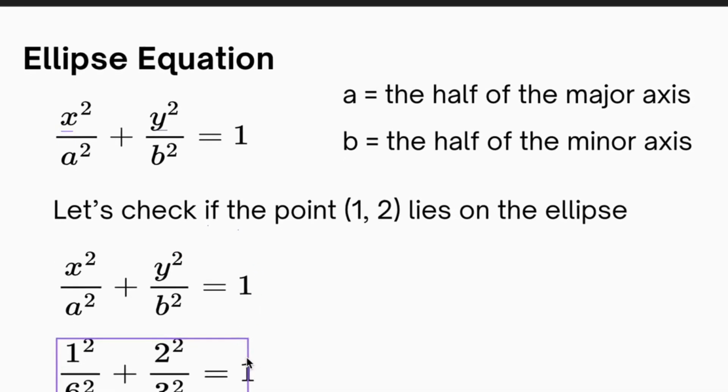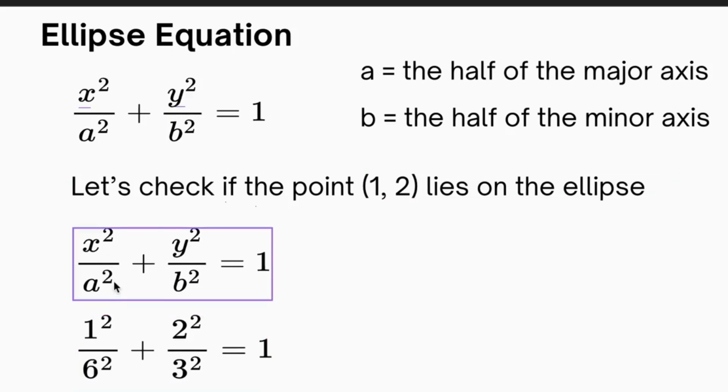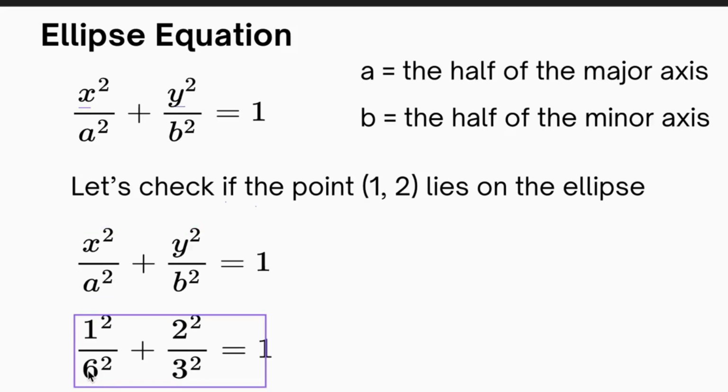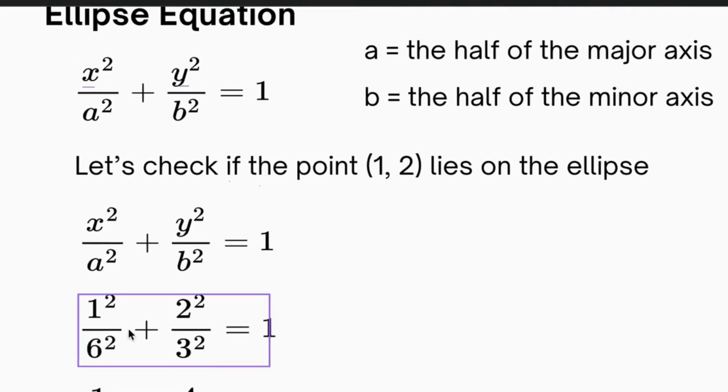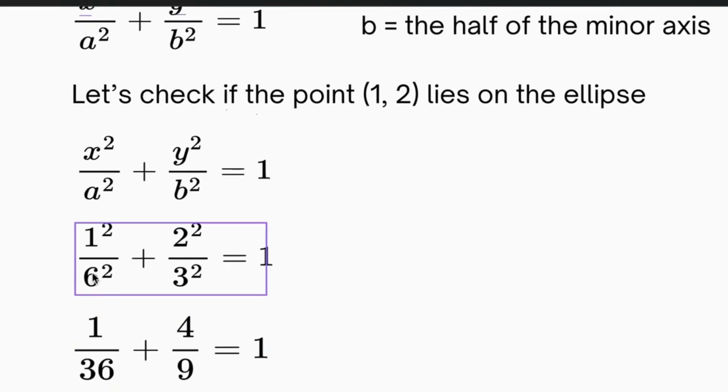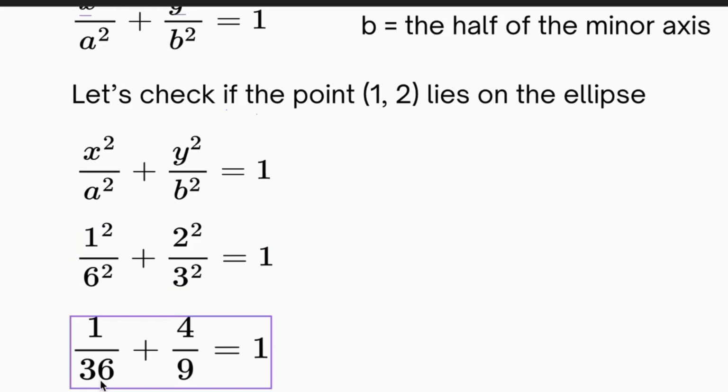So this left-hand side should be equal to 1. Let's check. x squared, instead of that 1 squared, over a squared, 6 squared, plus 2 squared divided by 3 squared equals 1. 1 squared is 1, 6 squared is 36, 2 squared is 4, 3 squared is 9.